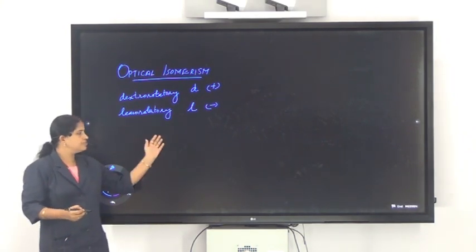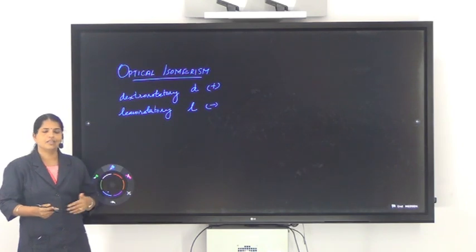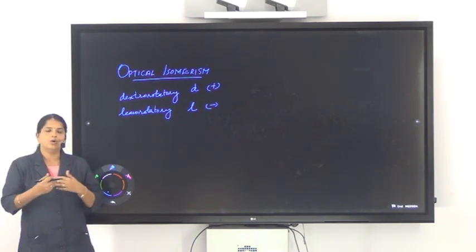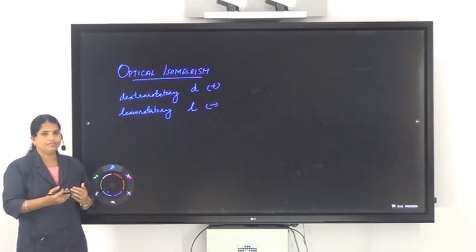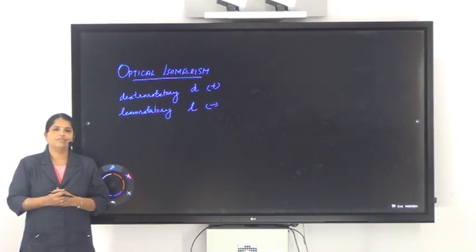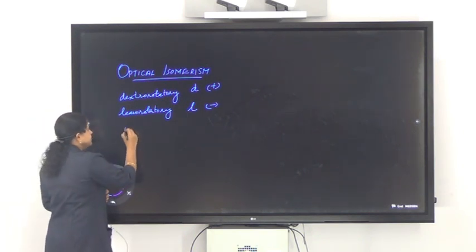So those substances which rotate the plane polarized light towards left or right are called optical isomers, and the phenomenon is called optical activity. The optical rotation of different molecules can be measured using the instrument polarimeter.